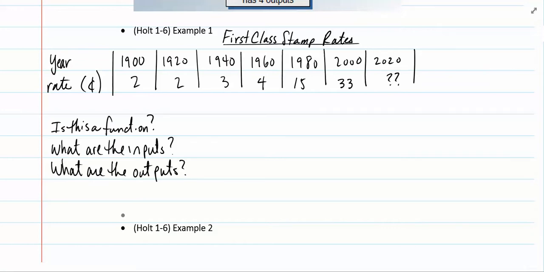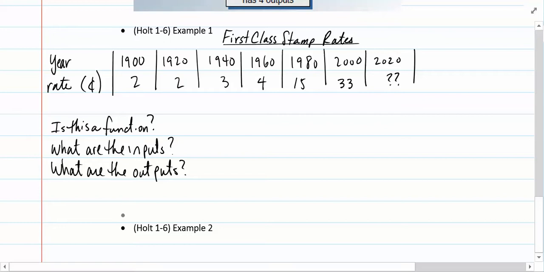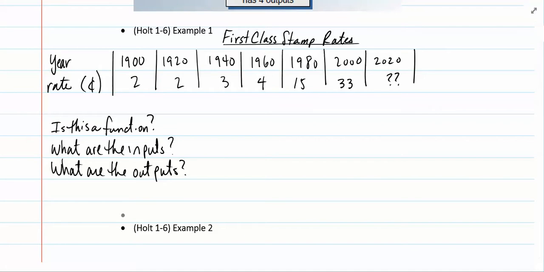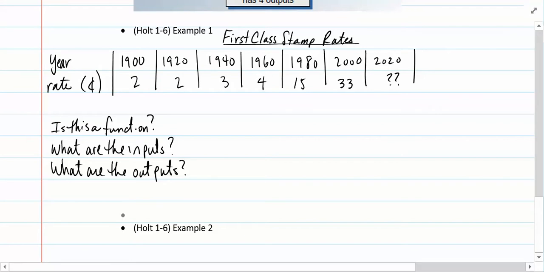And I have 3 questions that I would like to ask based on this table of data. Number 1, is this a function? 2, what are the inputs? And 3, what are the outputs? So let's try to answer number 1 first. Is this a function? Well, to answer that, you have to ask yourself a question. Does every input have exactly one output?